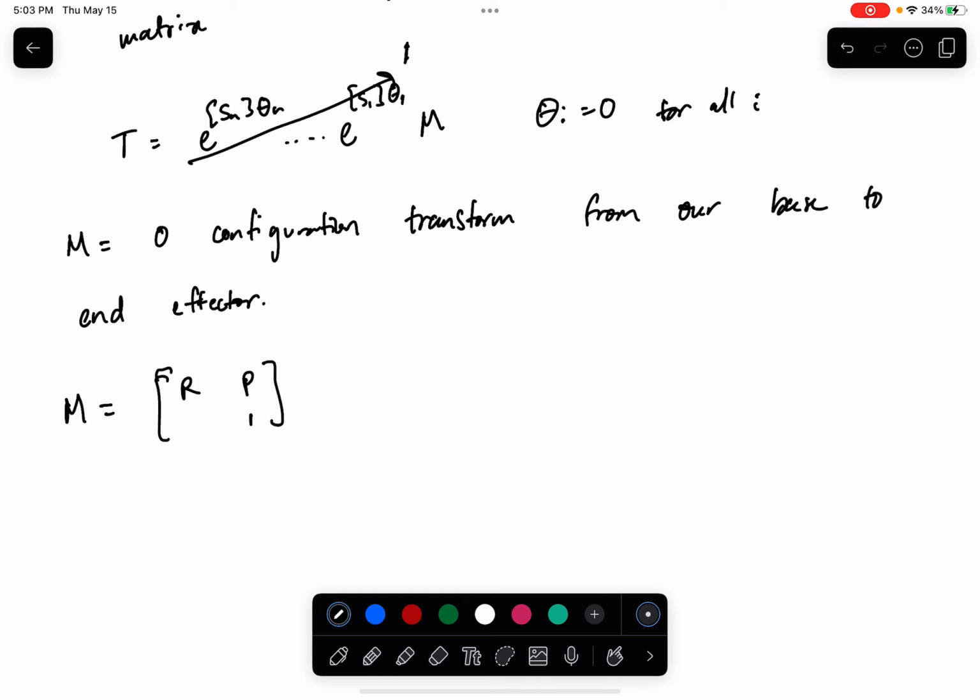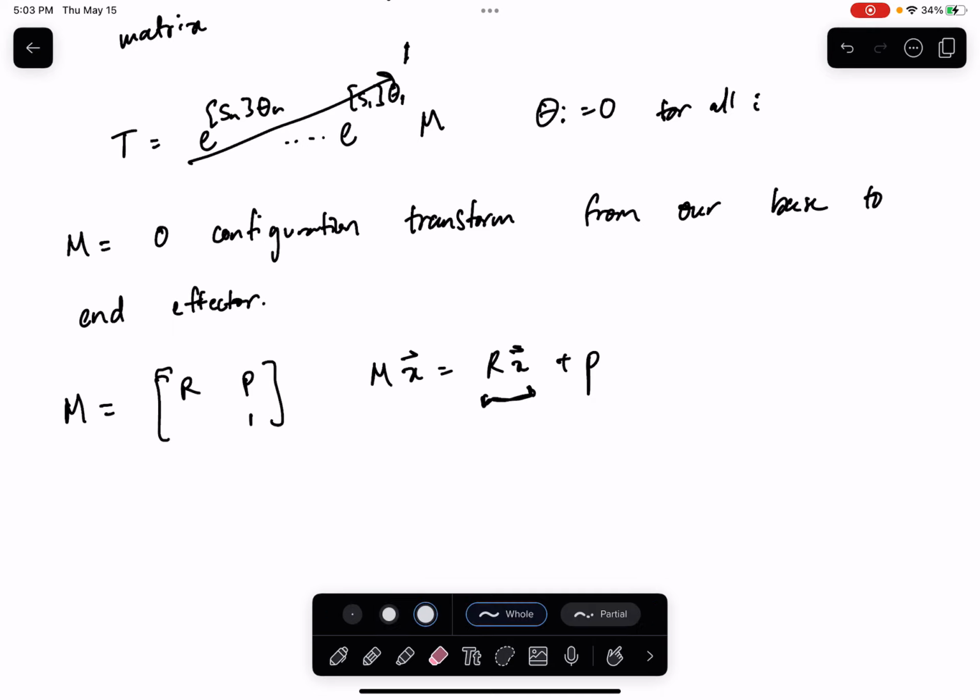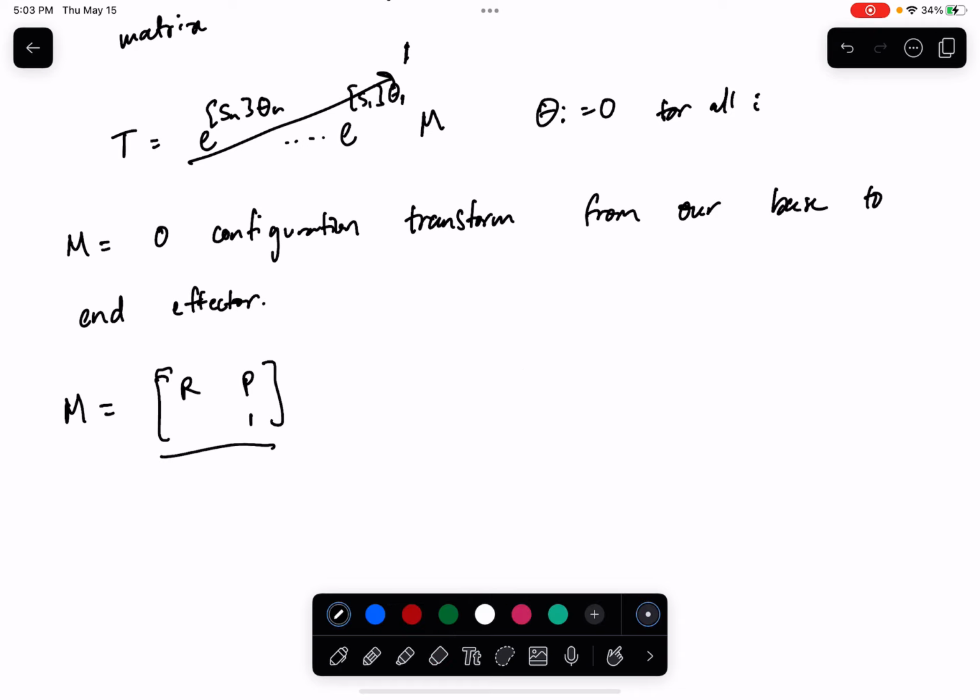And how this works is essentially if we have a vector x, multiplying it by M gives us R x plus P, which accounts for the rotation of our frame and also the translation from our initial point to the new basis's location. So now we've covered the base frame, and this is our 0 configuration.